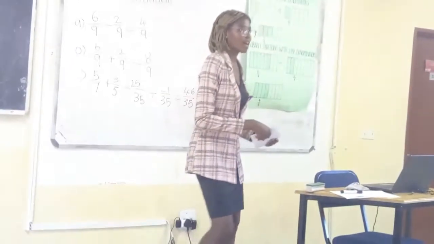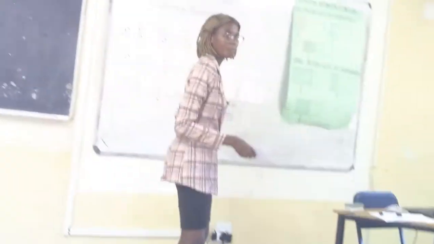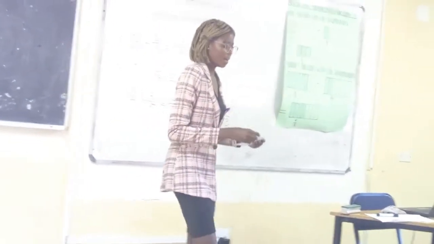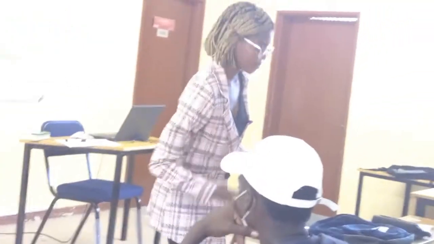Do you have any questions so far about the explanation I did? No question. Okay, I have an activity for you, so please do this activity. Pass it on to the next person.